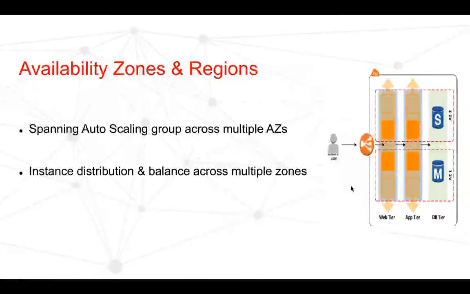Instance distribution and balance across multiple zones. This is quite important. The default nature of auto scaling is that it tries to maintain the balance across all the AZs, which means it tries to ensure that all the AZs have equal or similar numbers of instances.